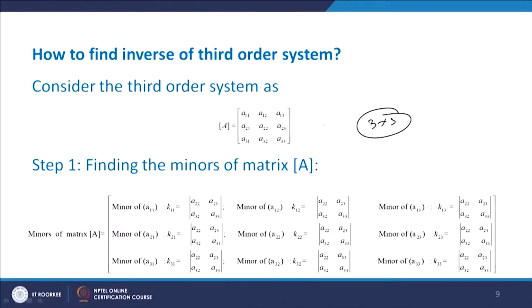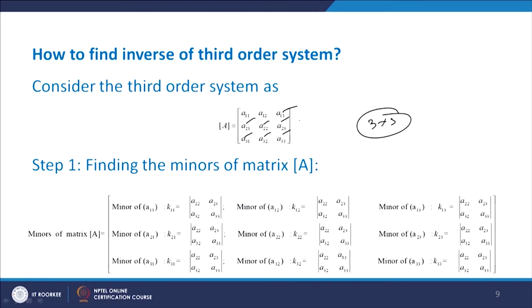Now, how to calculate the adjoint and determinant of a matrix? So, this is a matrix. For simplicity, we have taken a 3 cross 3 matrix: A11, A12, A13, A21, A22, A23, A31, A32, A33. Let us say these are some elements, and this matrix A is a square matrix. Now, how to find the minors of matrix A?